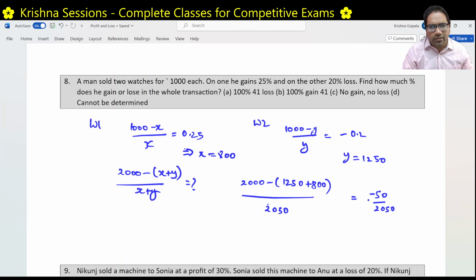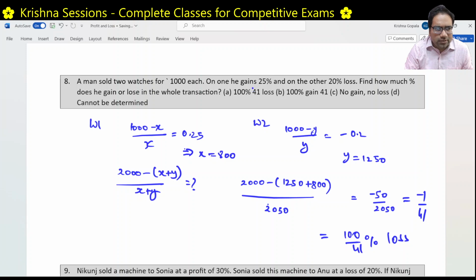So minus 50 by 2,050 is equal to minus 1 by 41. This is equal to 100 by 41% loss. Okay. 100 by 41% loss. So this is the correct answer.